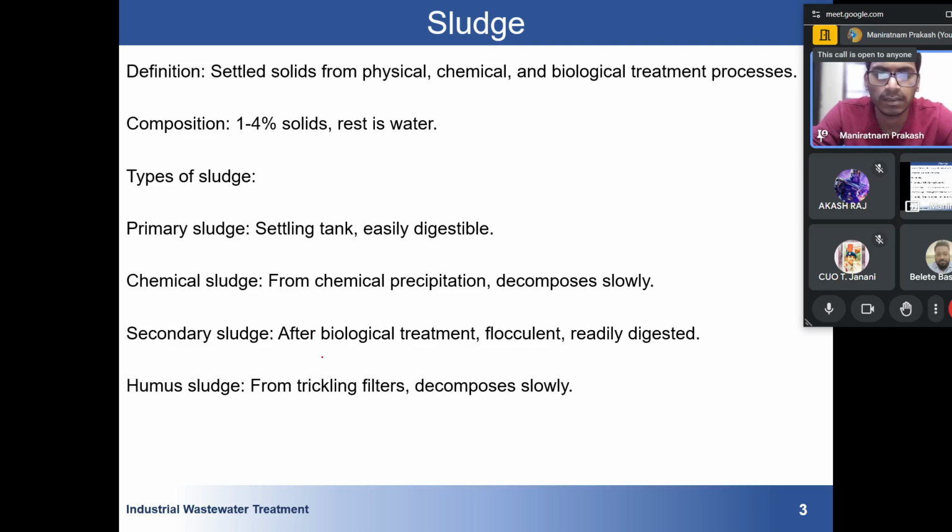I don't know whether these two have been discussed, but these are general types of sludge. If someone is going through wastewater treatment, they will deal with secondary sludge and humus sludge also, but in this industrial wastewater course, we were mainly focused on primary sludge and chemical sludge.